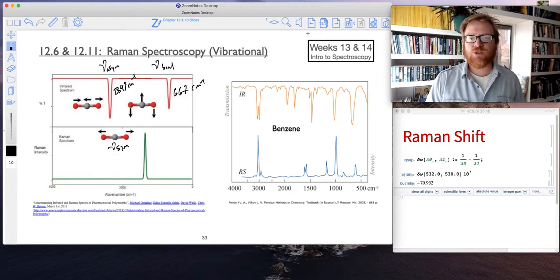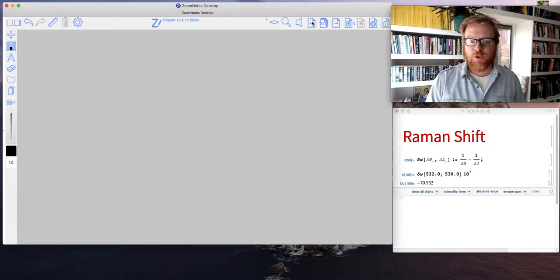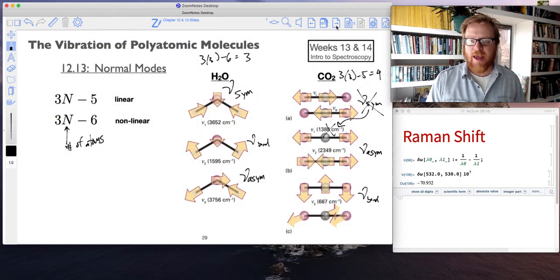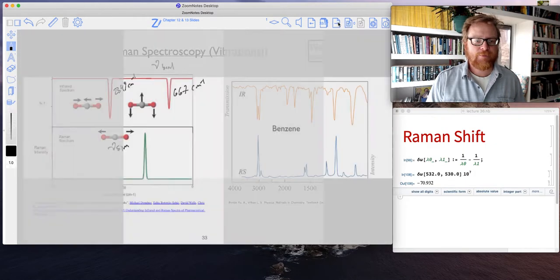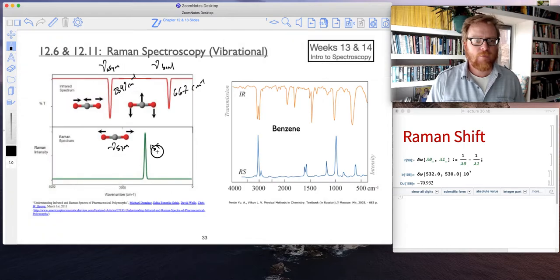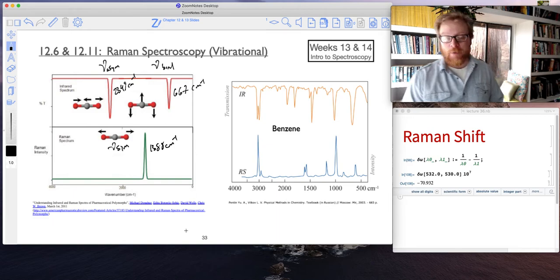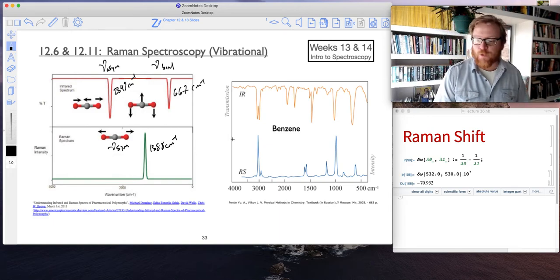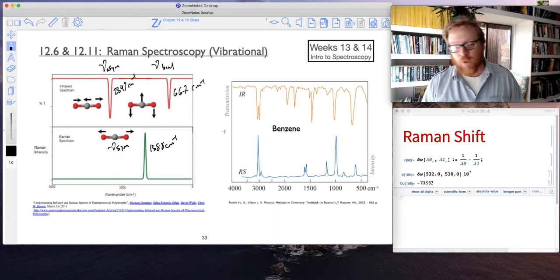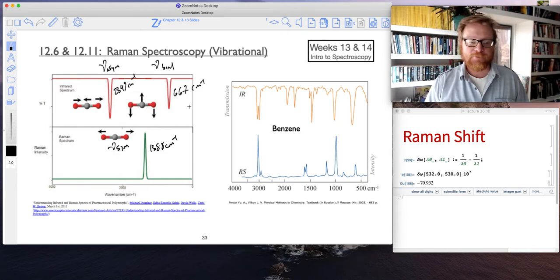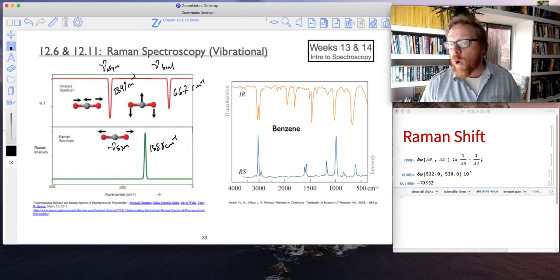But that symmetric stretch would occur at, it was 13 something, 1388. Okay, so that one is Raman active. So this is really cool about the Raman effect or Raman spectroscopy, is that we can observe modes that might not be observable in FTIR.